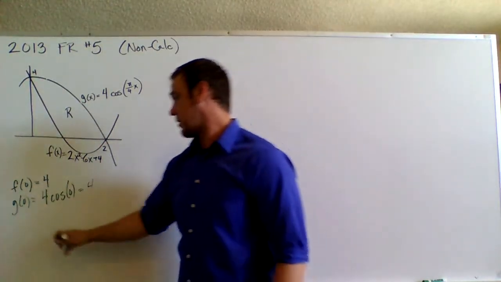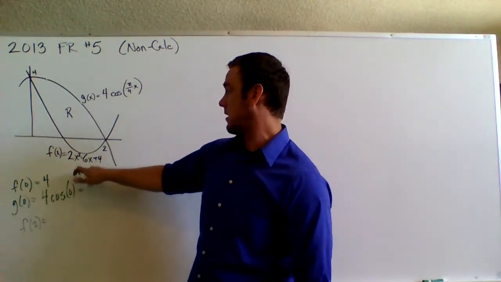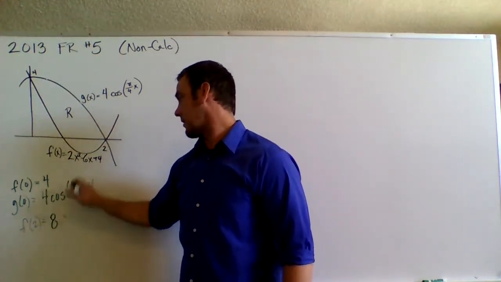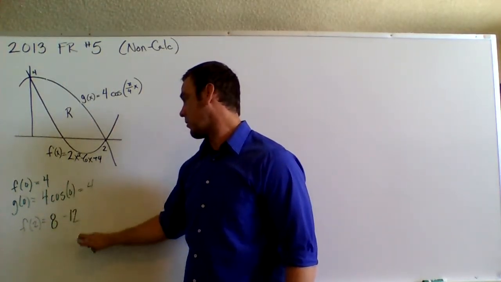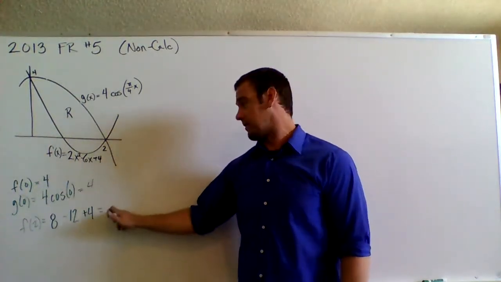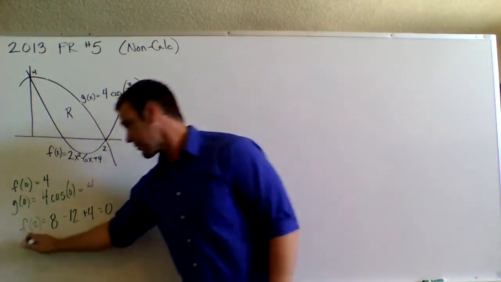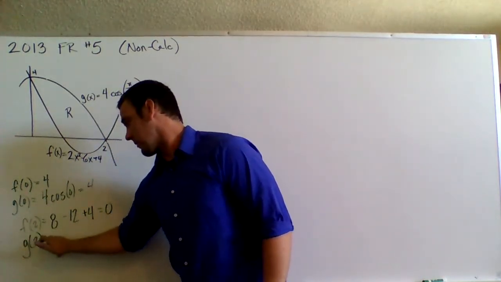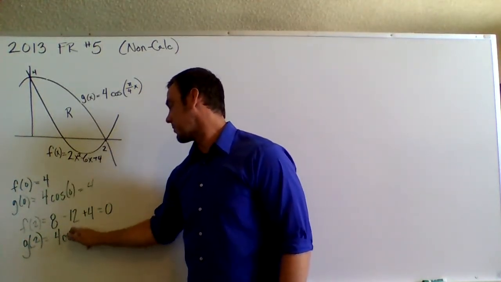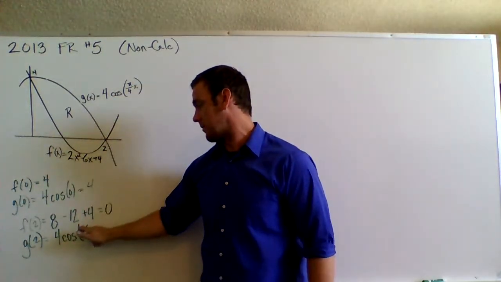If we quickly plug in 2, let's see, f of 2 is going to be 2 squared is 4 times 2 is 8, minus 6 times 2 is minus 12, plus 4. 8 plus 4 is 12, minus 12 is 0, so that is indeed at 2, 0. We then just figure out g of 2 is going to be 4 cosine of, so this is going to reduce down to pi over 2.